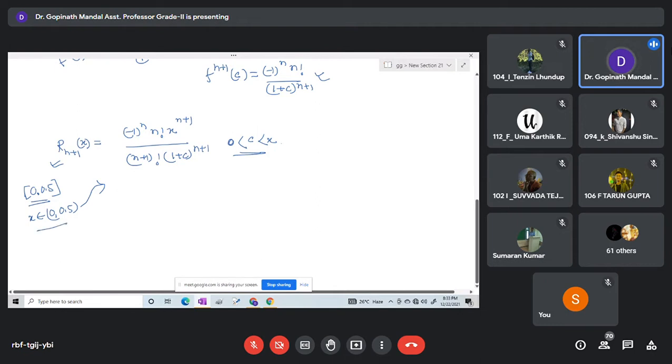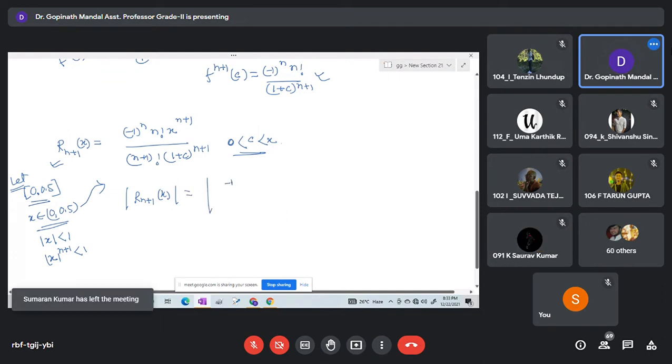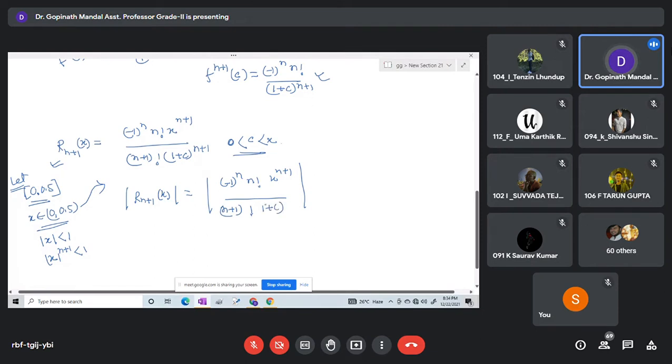Now since x belongs to 0 to 0.5, mod x will be less than 1. So mod of x to the power n plus 1 will also be less than 1. So the modulus of the remainder term will be minus 1 to the power n, factorial n, x to the power n plus 1 by (n plus 1) factorial, times 1 by (1 plus c) to the power n plus 1.